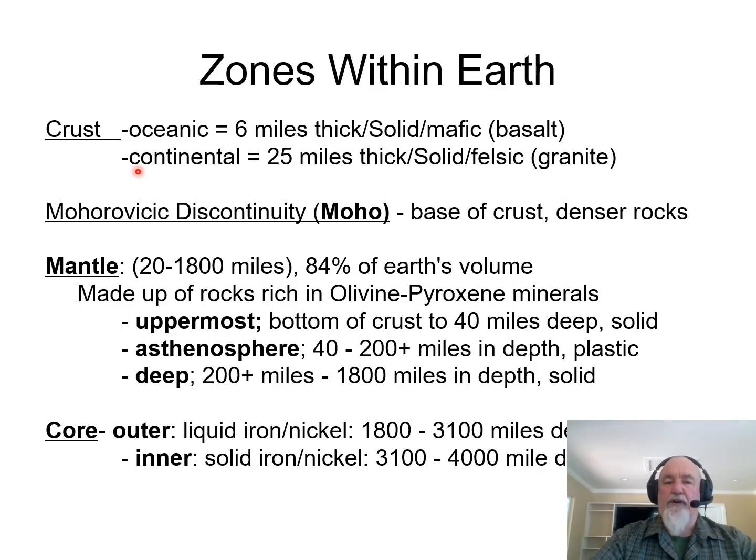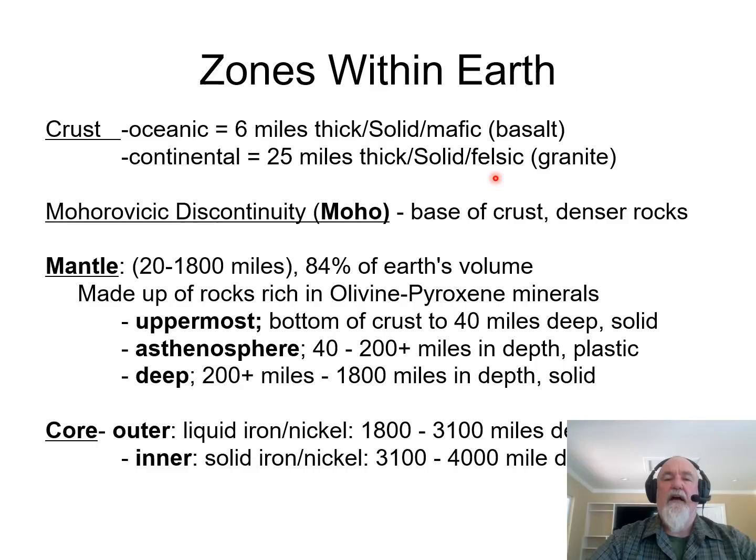Our second type of crust is referred to as continental crust, and that can average about 20 to 25 miles thick, thinner in some places, much thicker in other areas like above and below mountain chains. So as mountains rise, their roots also get deeper, so it can be very thick under mountain chains. And this continental type of crust is referred to as felsic.